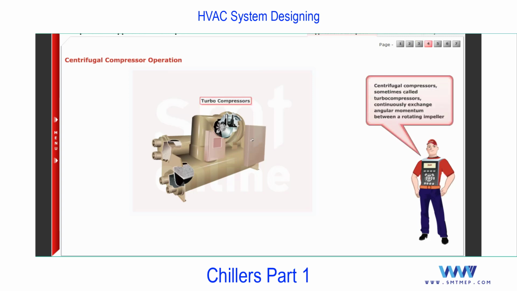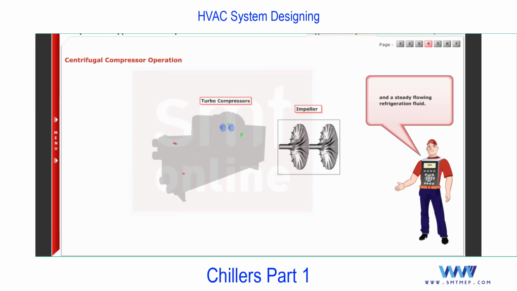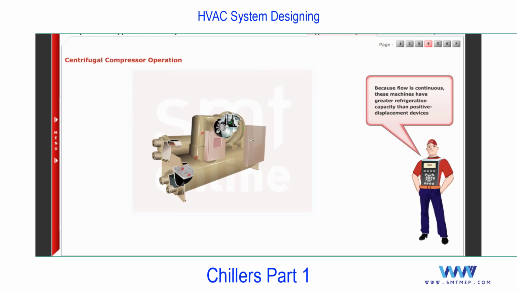Centrifugal compressors, sometimes called turbo compressors, continuously exchange angular momentum between a rotating impeller and a steady flowing refrigeration fluid. Because flow is continuous, these machines have greater refrigeration capacity than positive displacement devices. The suction flow enters the rotating impeller and is discharged radially at a higher velocity.